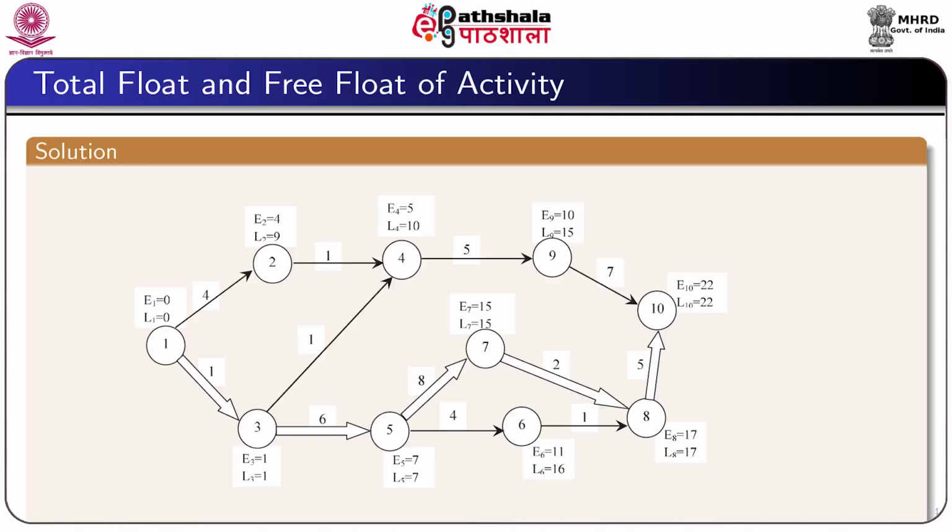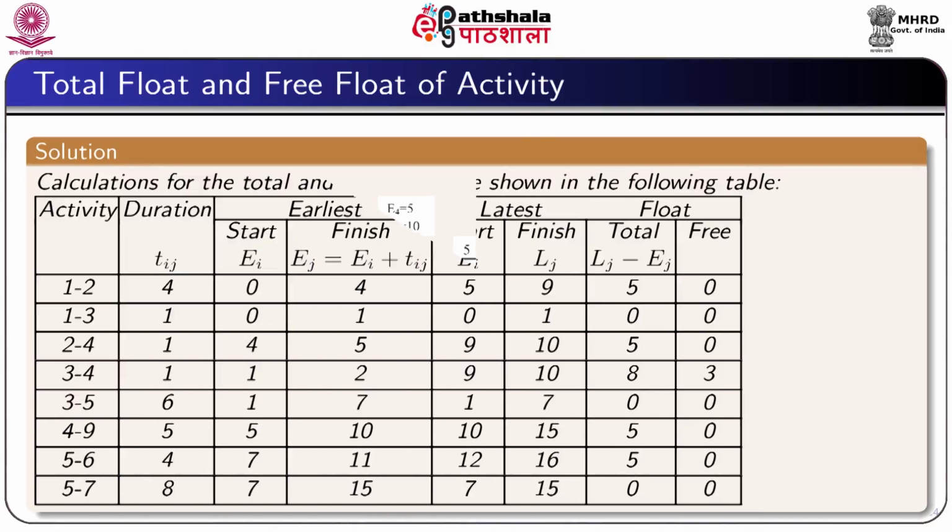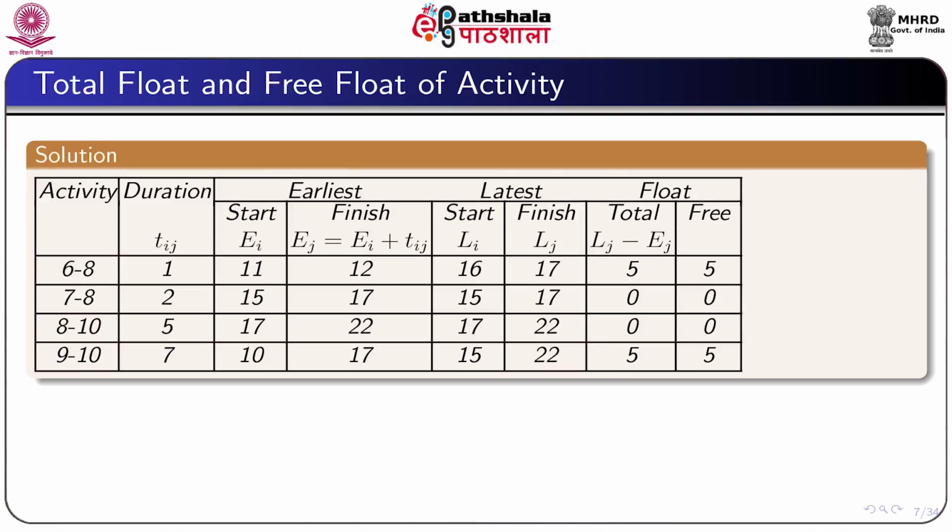Similarly, we calculate the free float for the other activities. Free floats for the other activities are 0 except the activities 3,4; 6,8 and 9,10.